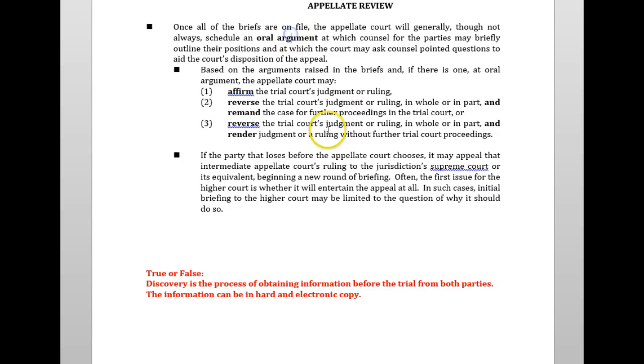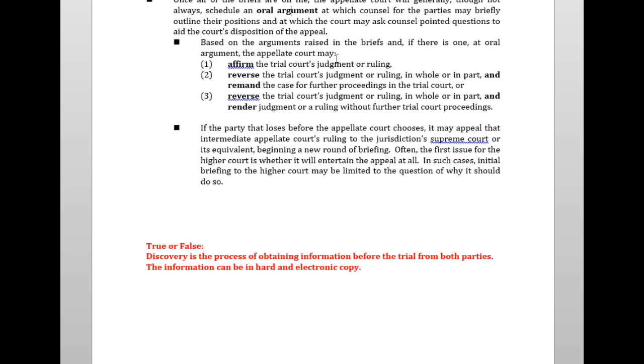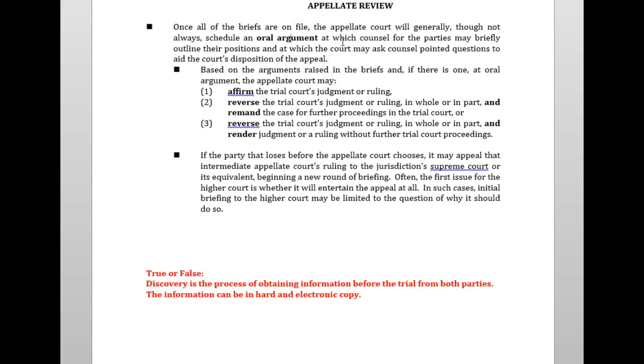There may be an oral argument, or there may simply be a review of all the information, the transcripts, and all that went on in the previous trial, depending on the nature of it. After all of that is reviewed, one of three things can happen. They can affirm it and say that the court's judgment was correct.